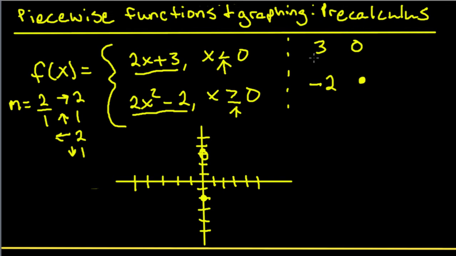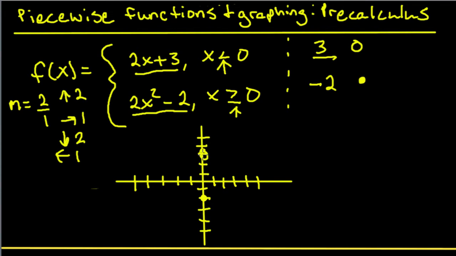So we'll start at this 3 right here. I'm sorry, this is rise over run, not run over rise. So we could go up 2 and to the right 1, or down 2 and to the left 1. So we'll be going down 2 and to the left 1. Sorry about that.